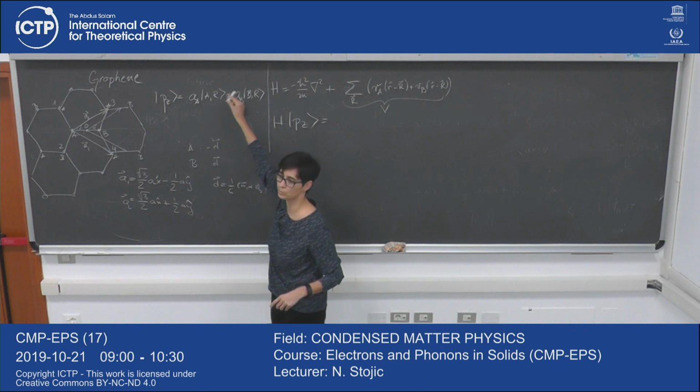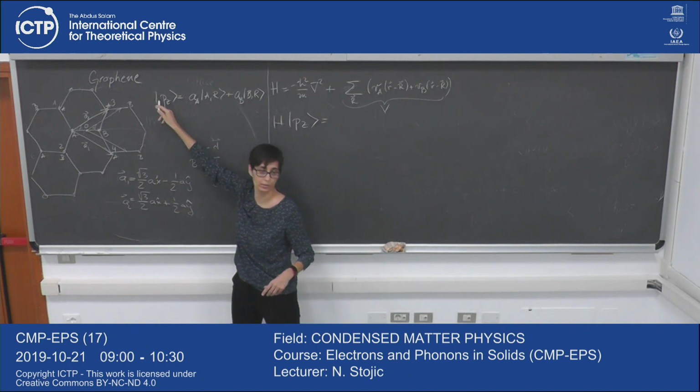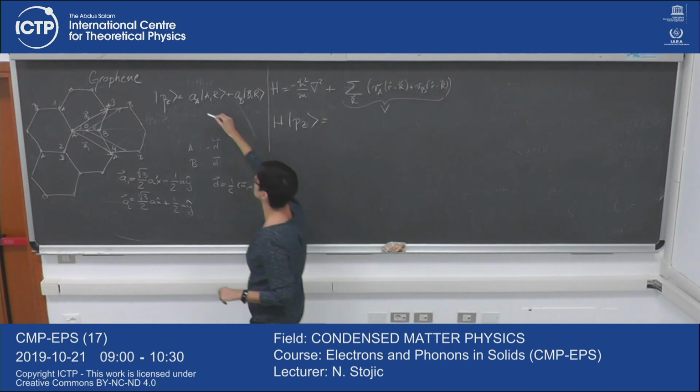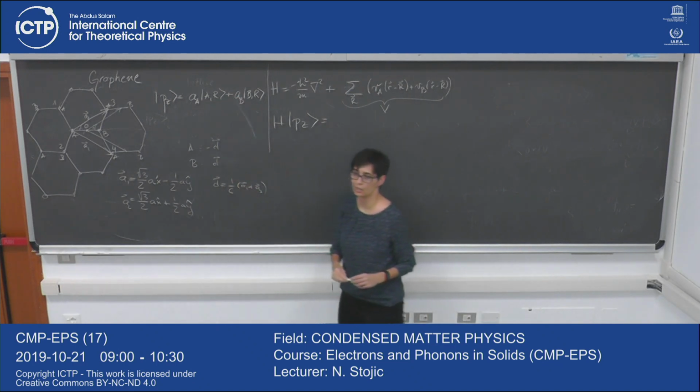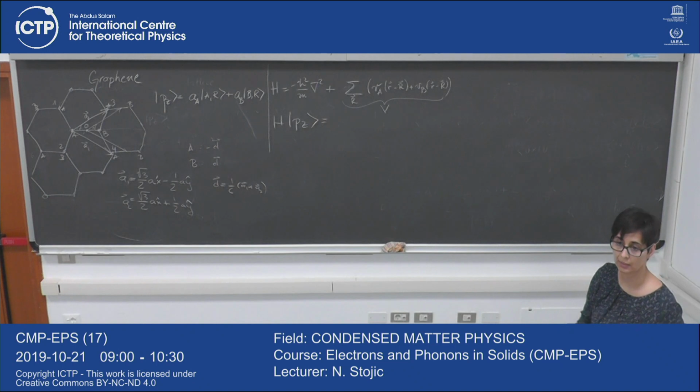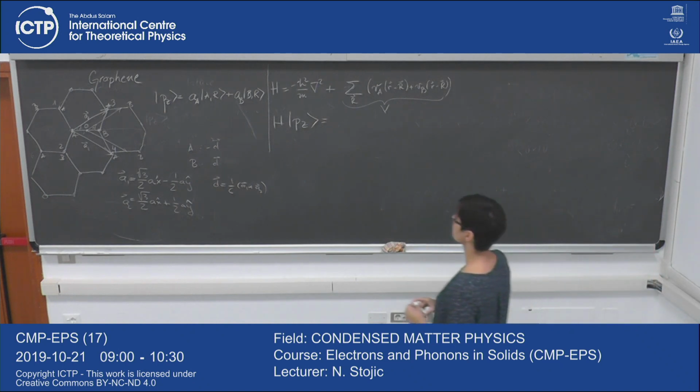So I have here two states. I'm writing it as a total sum of the two states. And by solving for these coefficients, I'll find the eigenfunctions, the states, and then also I'll be able to find the energy levels.